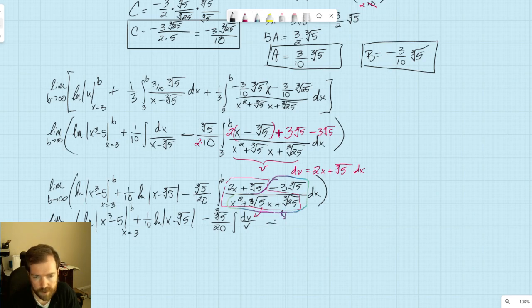Okay, so this is also a minus cube root of 5 over 20. And then the integral here is that we have a negative 3 cube root of 5 over that quadratic, x squared plus 3 cube root of 5 times x plus the cube root of 25 dx.